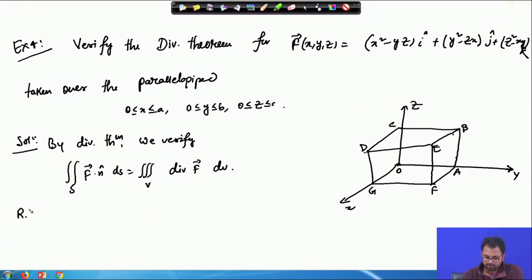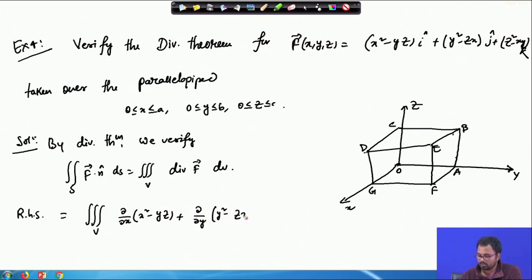The RHS equals the volume integral over V of divergence of F. So, we basically have del/del x of (x square minus yz) plus del/del y of (y square minus zx) plus del/del z of (z square minus xy), dx dy dz. So, this will be 2x + 2y + 2z.